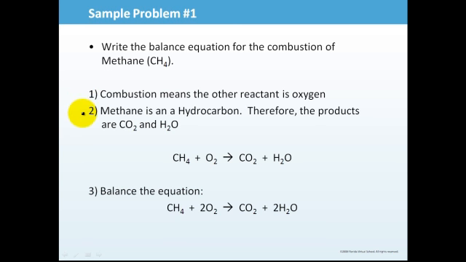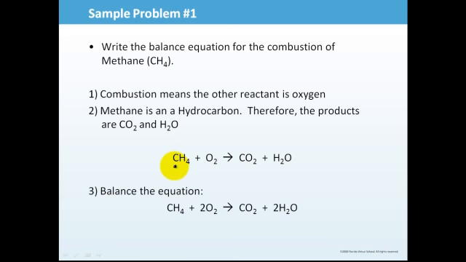Methane is a hydrocarbon. Therefore, the products must be CO2 and H2O. So when we put that all together, we have CH4 plus O2 yields CO2 plus H2O. This is our skeletal equation. Then we need to balance that.